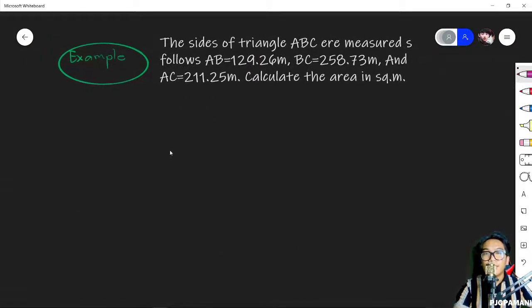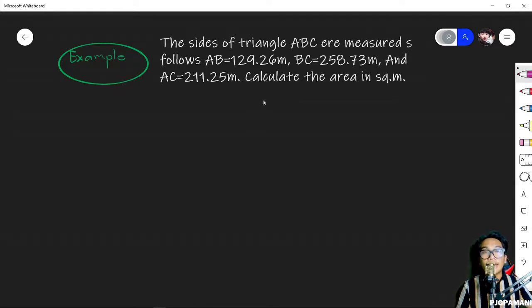So in this example, the sides of a triangle ABC, so basically a three-sided polygon, are measured as follows, where line AB is 129.26 meters, line BC or course BC is 258.73 meters, and course AC or line AC is 211.25 meters.